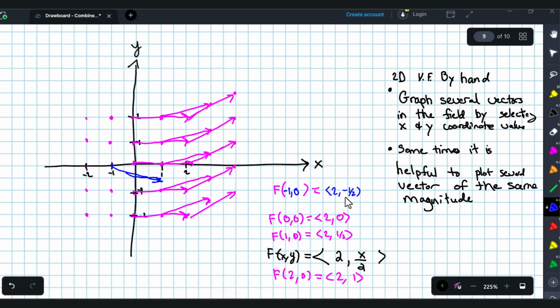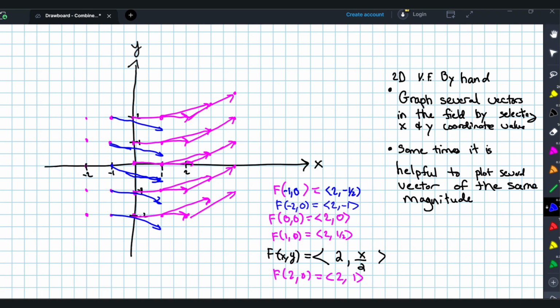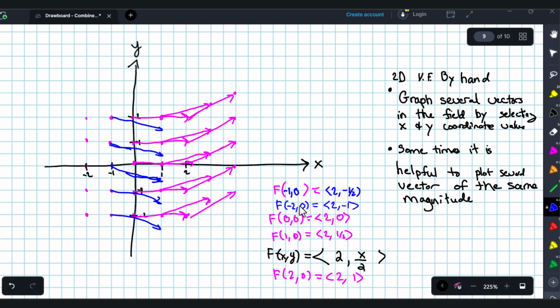As long as my x coordinate is the same, I get the same kind of vector. The x coordinate negative 2 and y coordinate 0 gives me the vector 2, negative 1. And there we have our vector field.